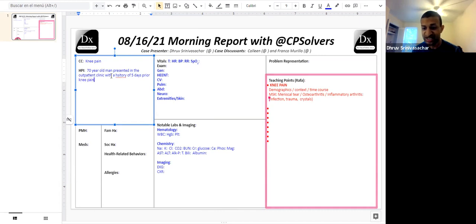He was in his usual state of health until the day prior to going to the ED, when he was unable to rise from his chair for about 18 hours.